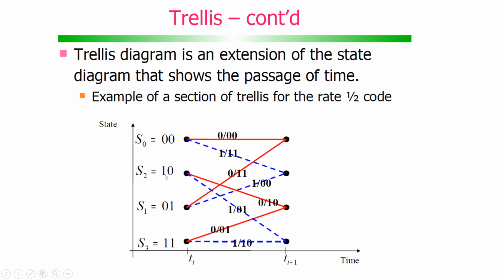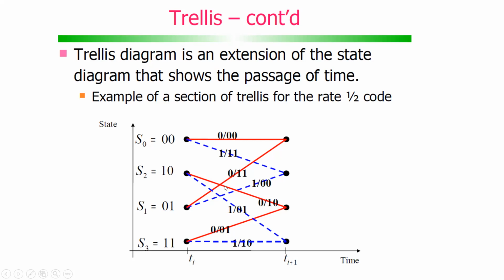Now let us consider the cases for 1, 0. If the initial state is 1, 0, and 0 comes as the input, what is the output? The output will be 1, 0. And what is the next state? Next state will be 0, 1. So it goes along this red line where my cursor is moving. This is telling me that the input bit was 0.